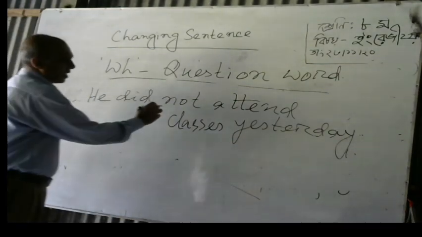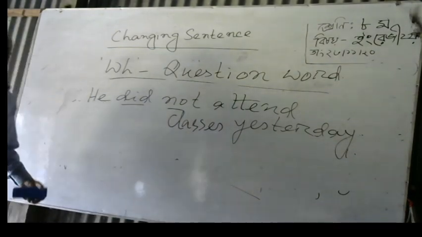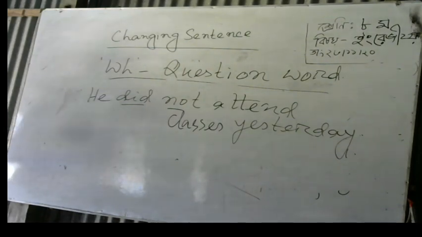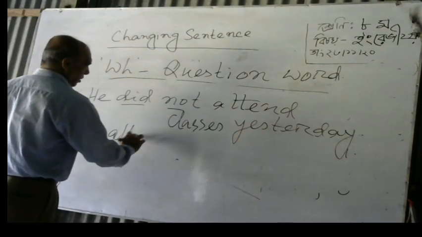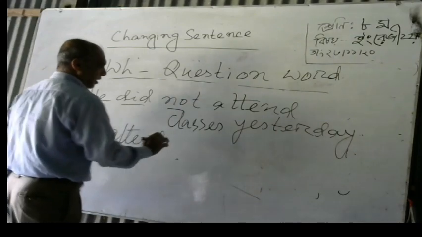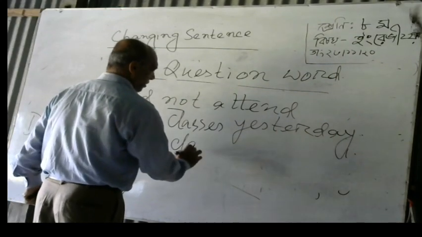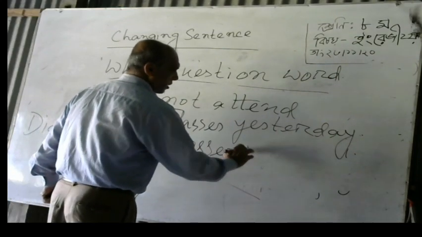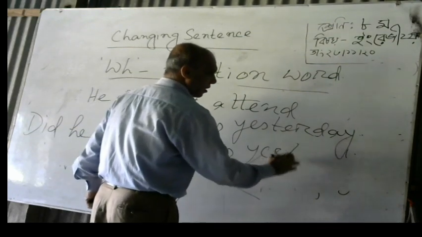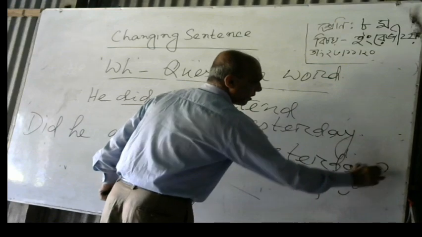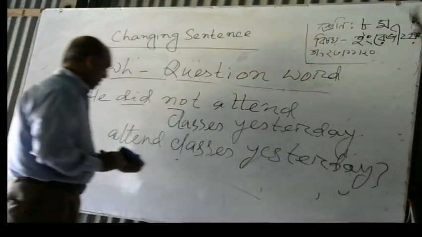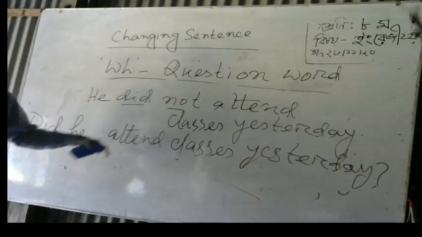You can see this is a negative sign, this is an auxiliary verb. So what will you do? You will just write down. If you make a question, it will be like this: did he attend classes yesterday? That means he did not attend classes yesterday.